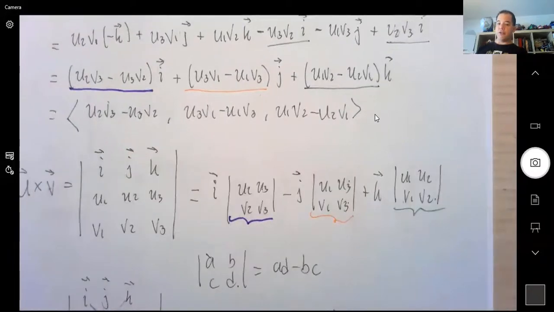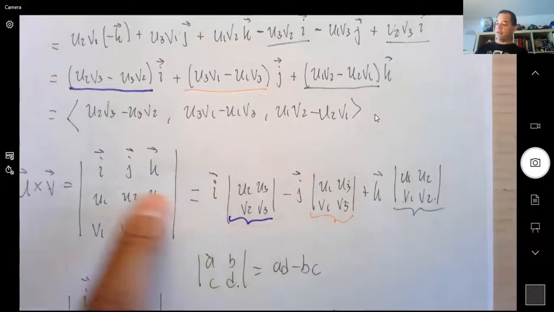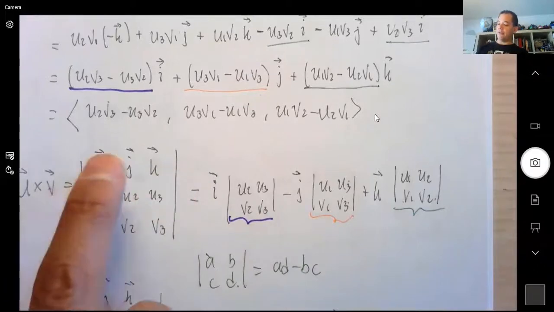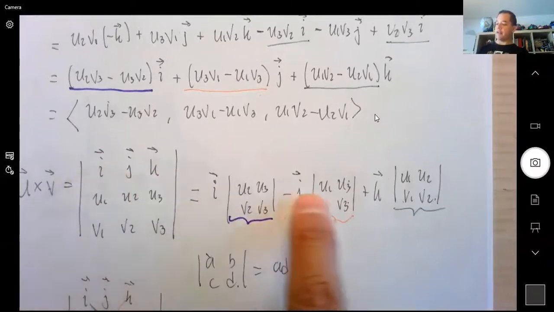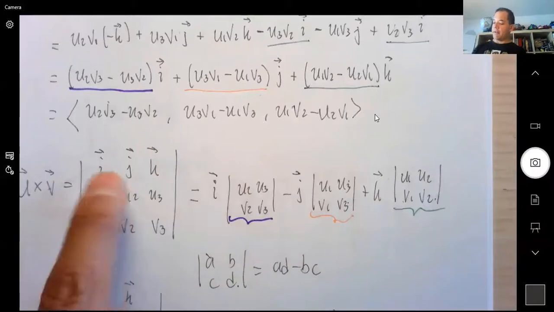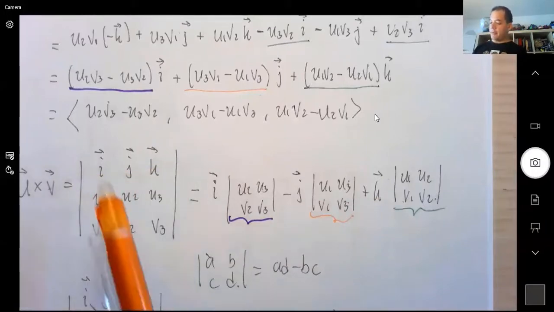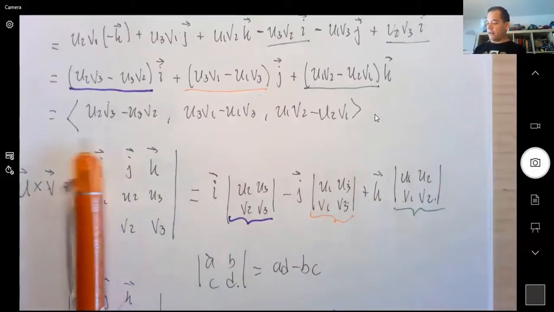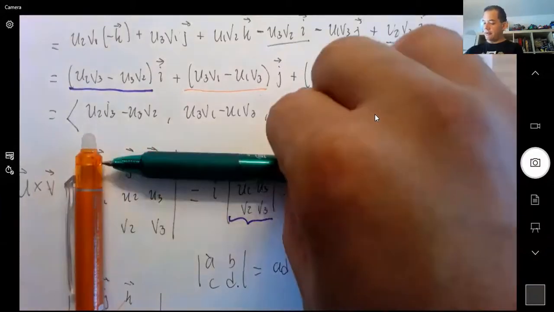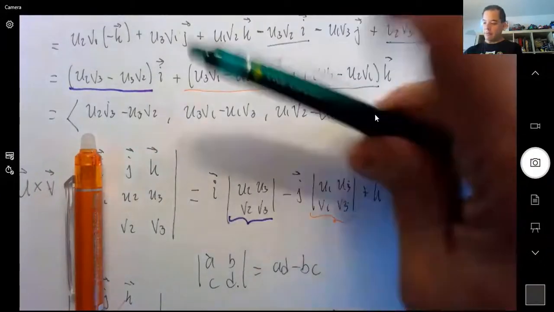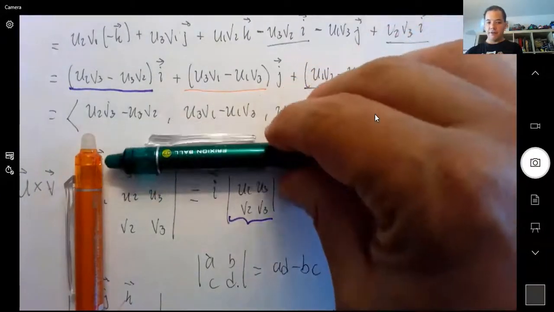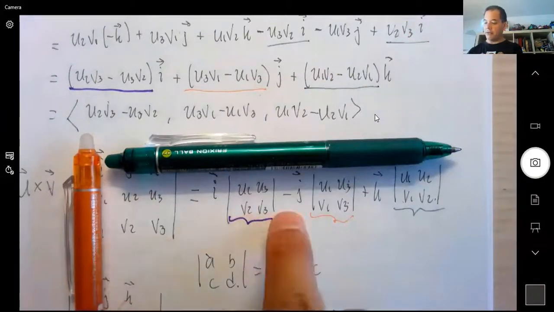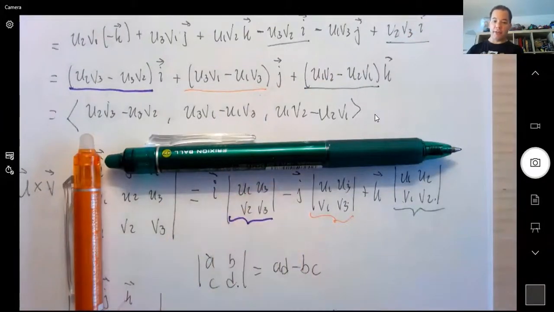And this, by definition, is done as follows. So you pick a row and you go positive, negative, positive. And whatever elements you pick, if you pick i, you cover that row and that column. And what remains, these u2, u3, v2, v3, that's this little 2 by 2 determinant.